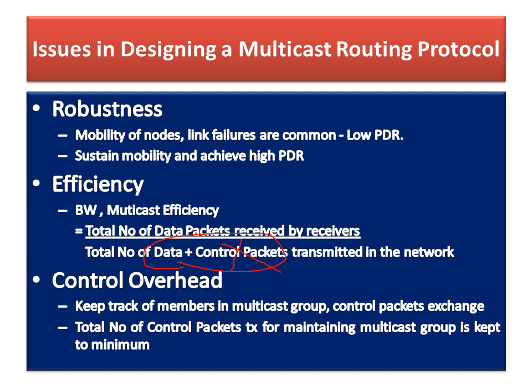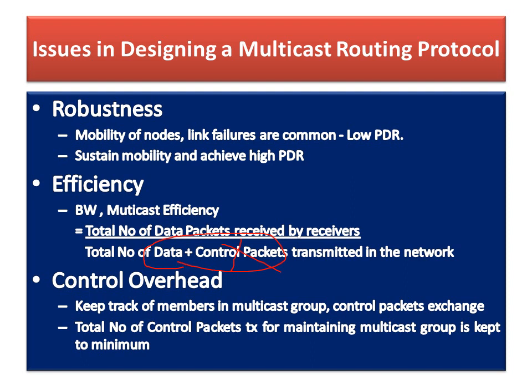So you assume that you are transmitting 100 data packets, and you know that all the 100 packets are being received, then it's a 100% PDR. But how you define multicast efficiency is the extra control packets that you are going to spend to maintain these multicast group members and form this multicast grouping.